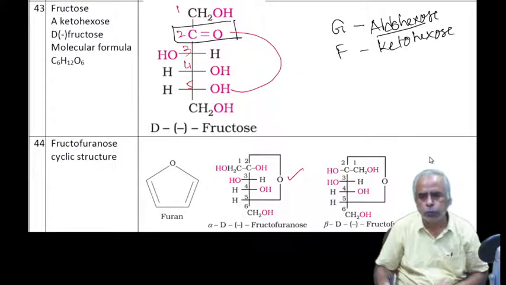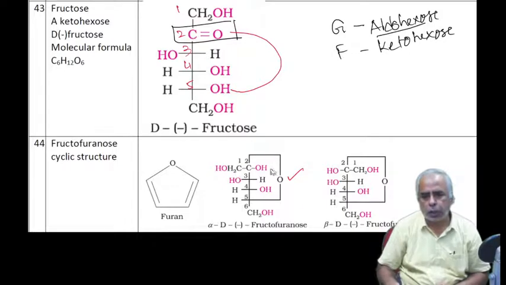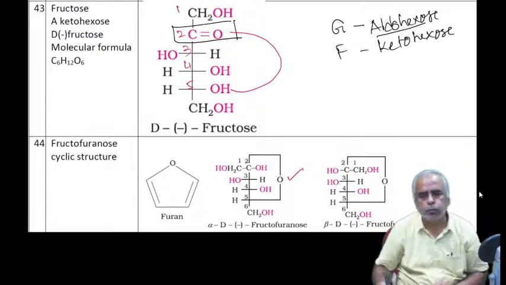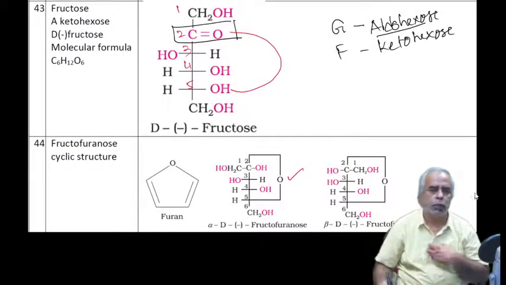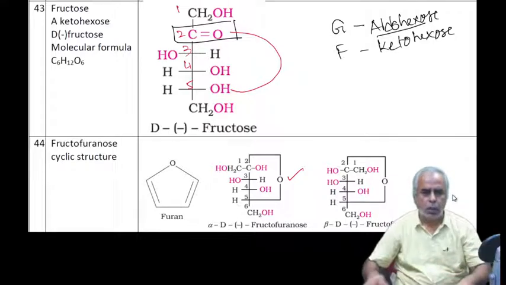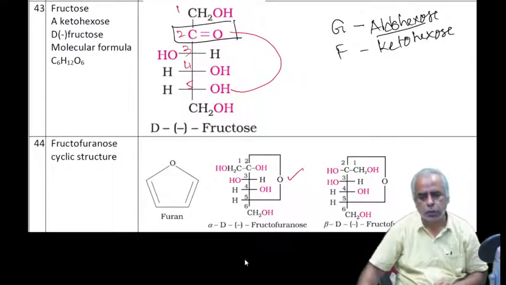Okay, so when the OH is on the right side, then it's called alpha. When the OH is on the left side, it's called beta. Please draw the structure.